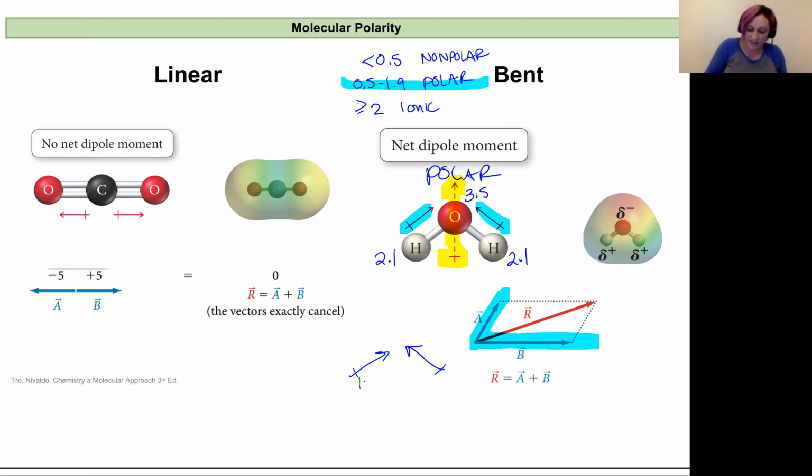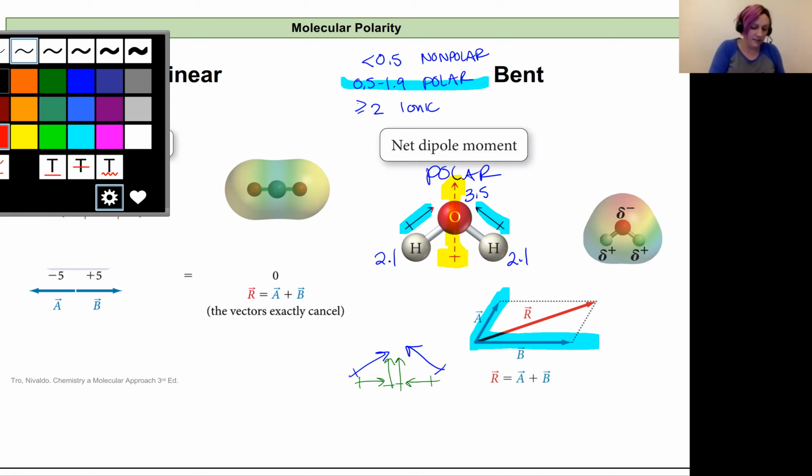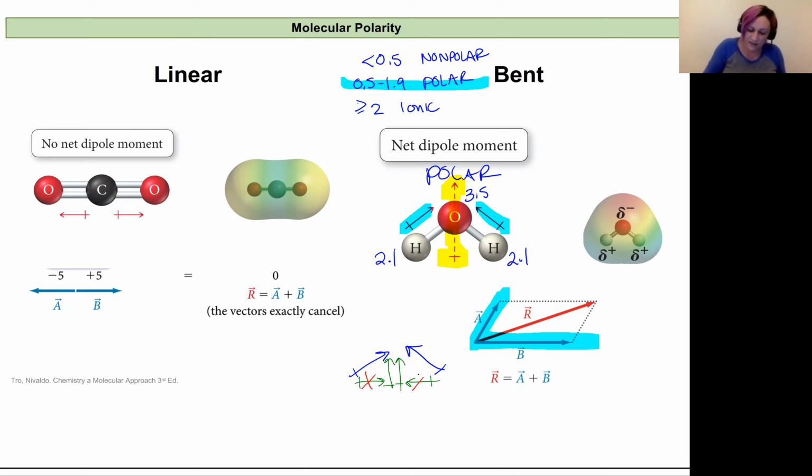I can break that down into the XY components of that vector. And I can see that these two cancel out because they're pointing in opposite directions, whereas these two add up because they're pointing in the same direction. And so that'll give me an overall dipole moment that's the sum of the two that are pointing in the same direction.